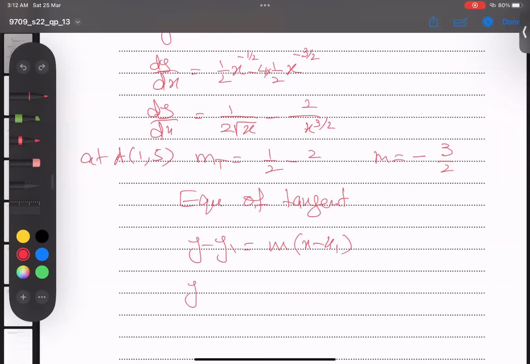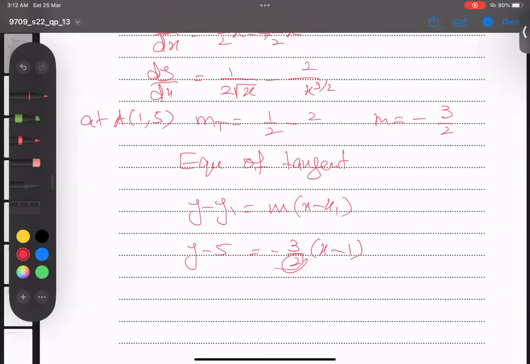So let's start. y minus 5 equals negative 3 by 2 times x minus 1. Multiply the left hand side by 2 to avoid fractions, and minus 3 multiplies the right hand side inside. So finally, I get 2y equals negative 3x plus 13.